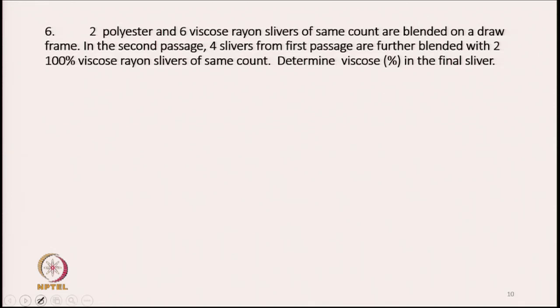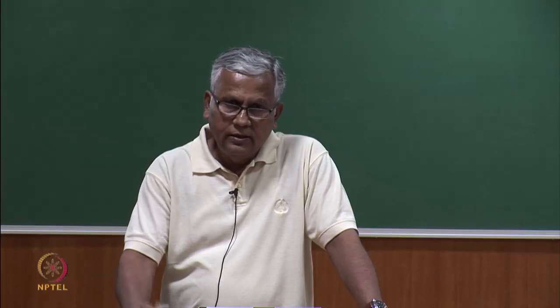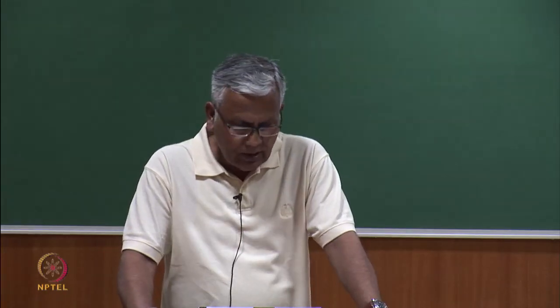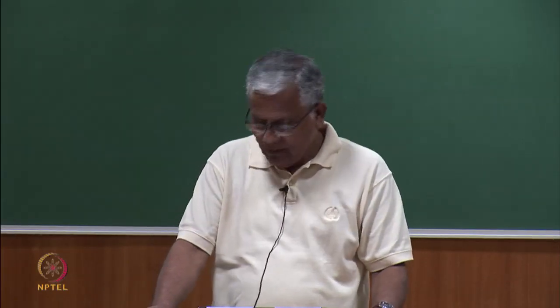So, this problem is a little similar to one problem we have discussed earlier. In that case, we introduced cotton sliver at the second draw frame stage, but here we are not introducing cotton sliver, this is a PV sliver.